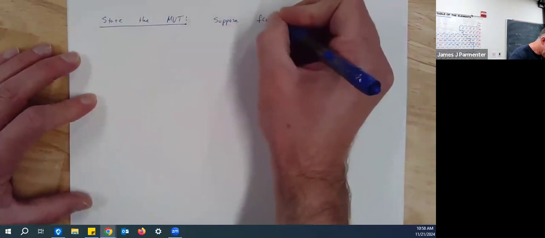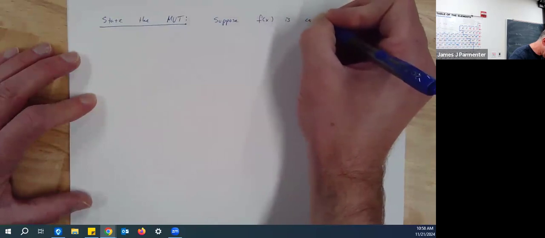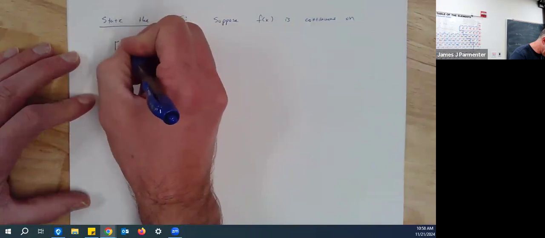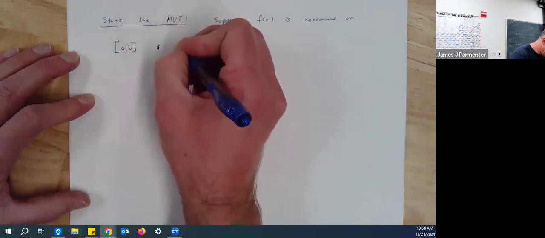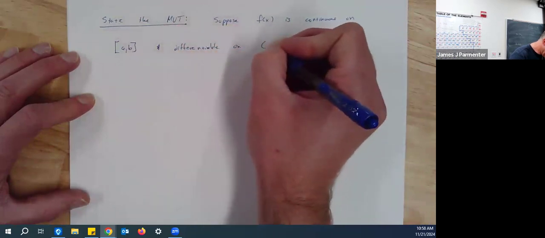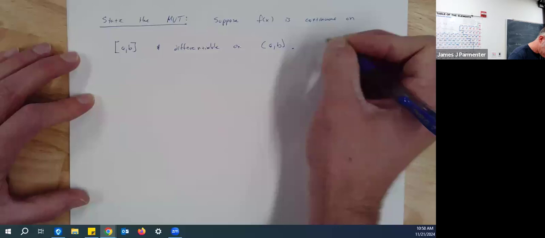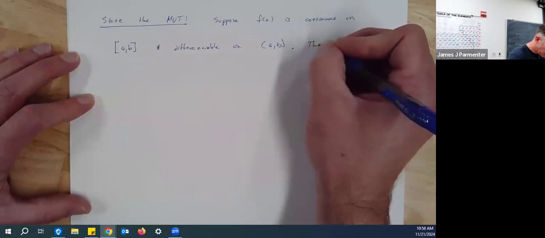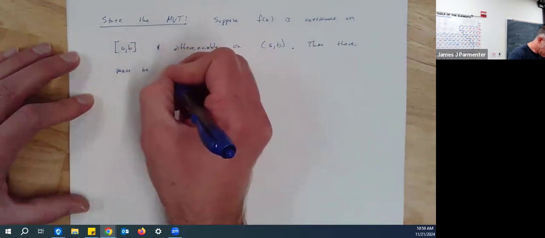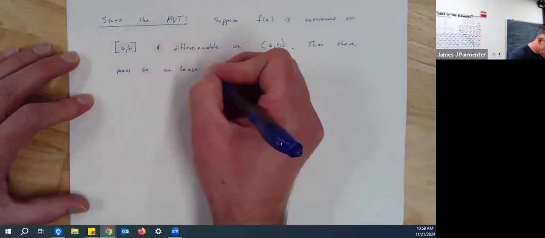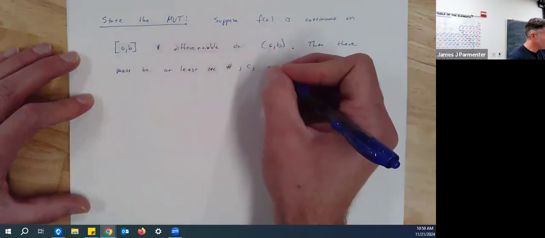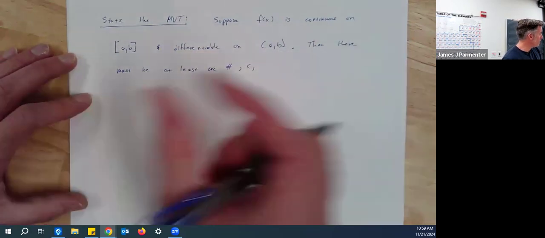Suppose f of x is continuous on the closed interval from A to B and differentiable on the open interval from A to B. Then there must be at least one, although there could be more, number, we usually call it C. And it is important to say that C lives between A and B.